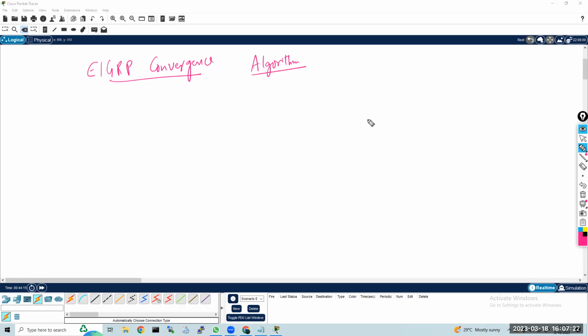Rahul, Sirisha? I think MD5. Which algorithm in EIGRP? MD5, I think. MD5 is the algorithm.